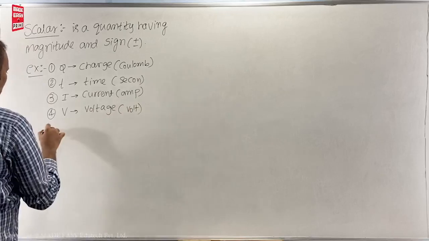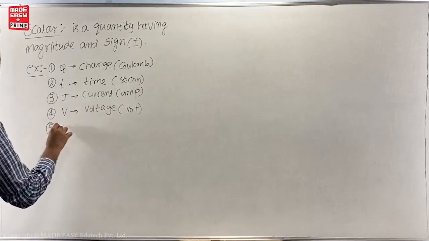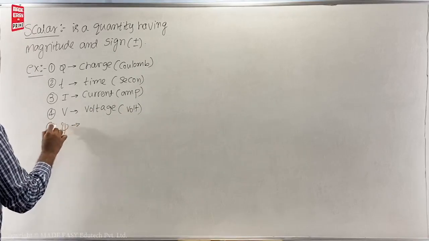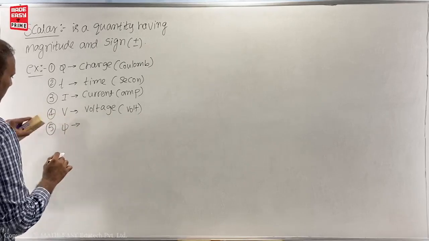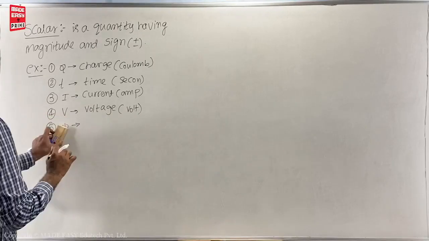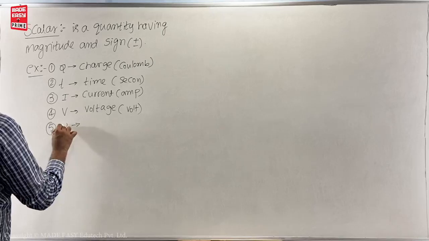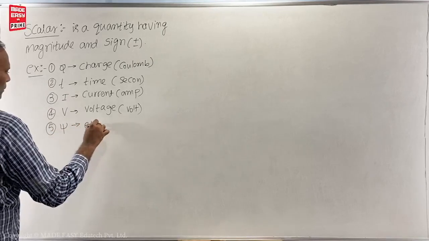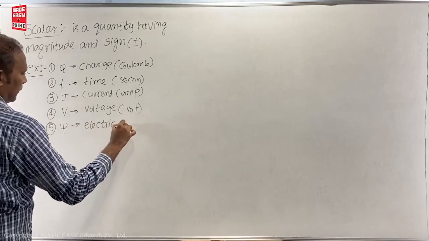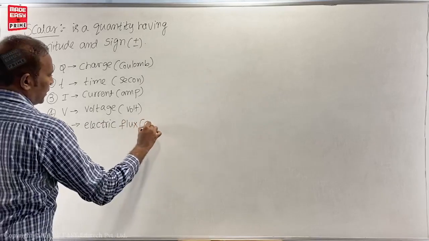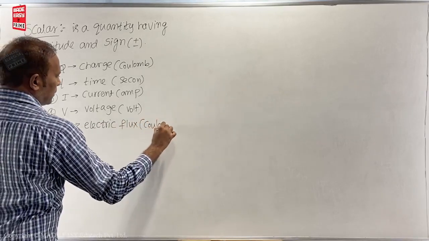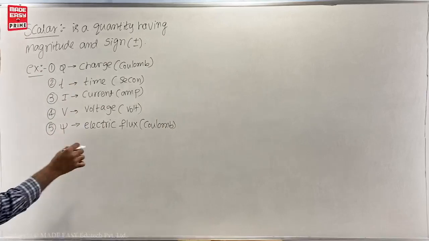is also scalar. And electric flux symbol is psi, like this. So we will discuss that electric flux. The unit is also coulomb, because from charge no electric flux is released.